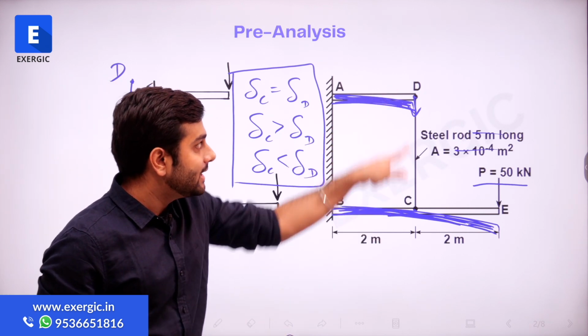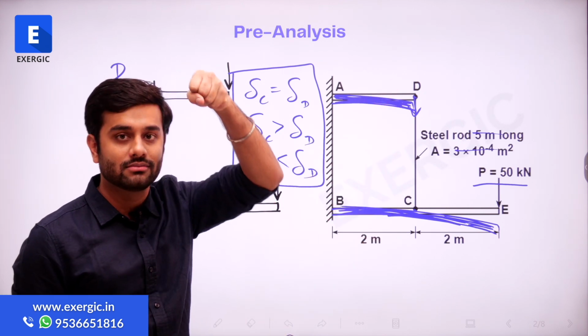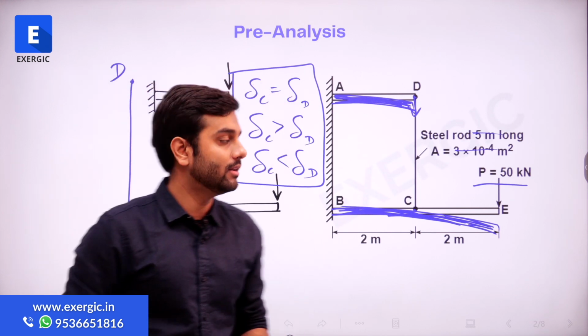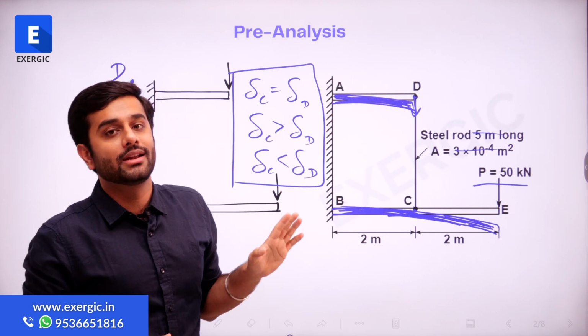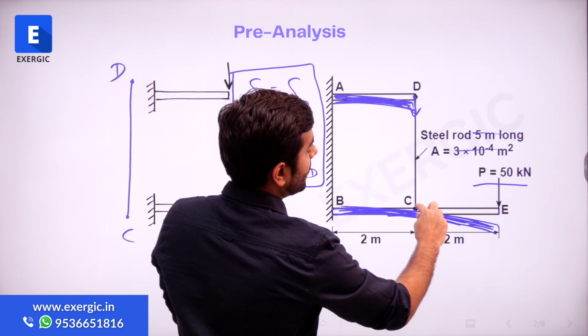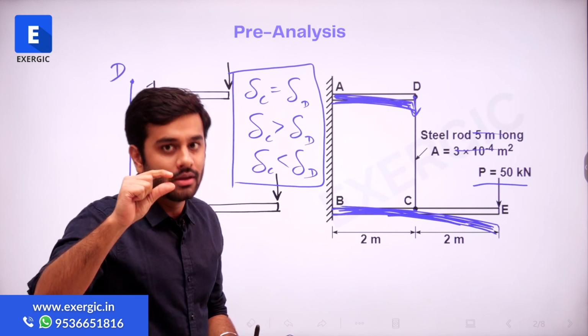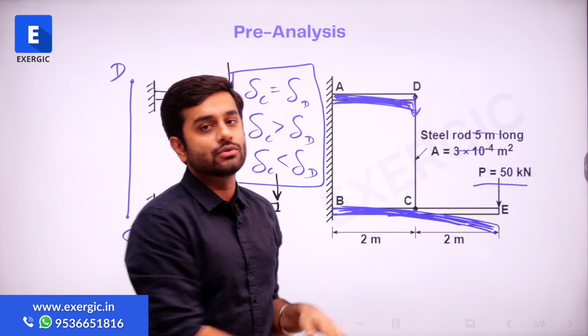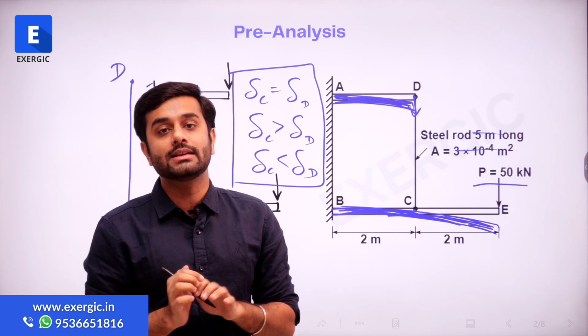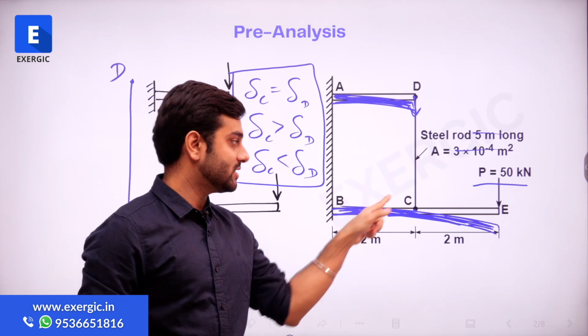If DC distance has to increase because DC is getting elongated, the bottom point should move more as compared to the top point. If C has moved by 1 mm and D has moved by 2 mm, basically the distance CD has reduced. So how is it possible that it will be in tension? And tension is necessary because it is moving down, right?